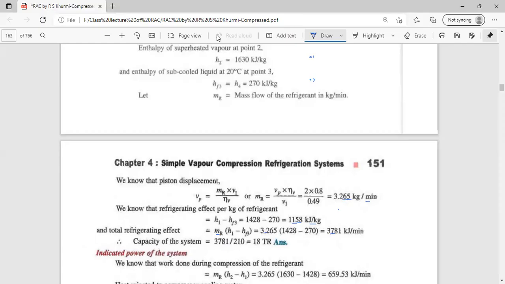The total refrigerating effect is 3.8781 kilojoule per kg. So the capacity of the system, how much tonnage it is, is 3.87 divided by 210 ton, which is equal to 218 ton. This is the capacity, 18 tonnage of refrigerating effect.